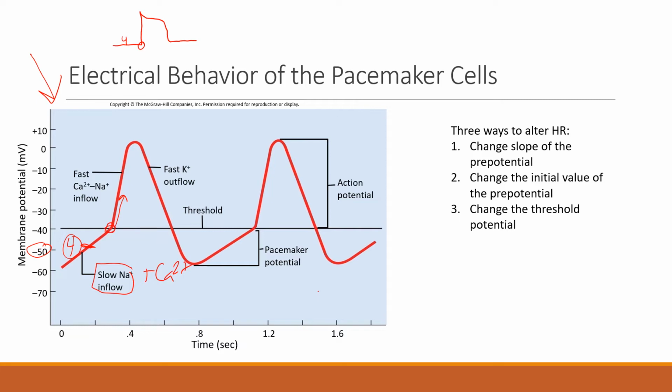The negative 40 is a threshold for voltage-gated calcium channels. Okay, it's a voltage-gated calcium channel. So I'm going to cross out sodium here. It's primarily a voltage-gated calcium channel. So they're going to open. And these are L-type calcium channels, and they're a little bit slower in their kinetics, but calcium is going to depolarize as it moves inside that cardiac myocyte to a little bit over 0, at which point up here it turns off.